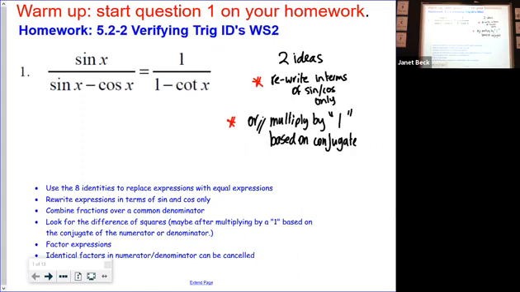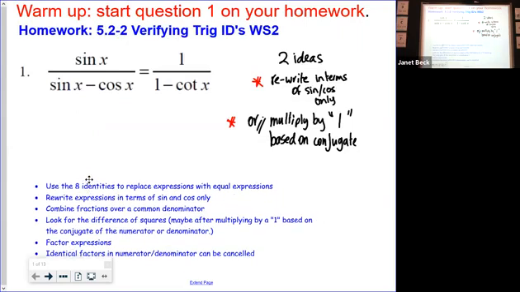All you're allowed to do is change how it looks. So all you're allowed to do is replace things with things that they are equal to. And you keep on doing that until you end up with, say you were changing this side, you'd have to keep on changing it till you ended up with this side being 1 over 1 minus cot x, okay? So that's how you verify a trig identity.